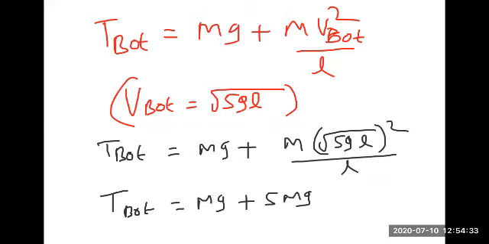So 5 mg plus mg is 6 mg. So the tension at bottom we got is 6 mg.